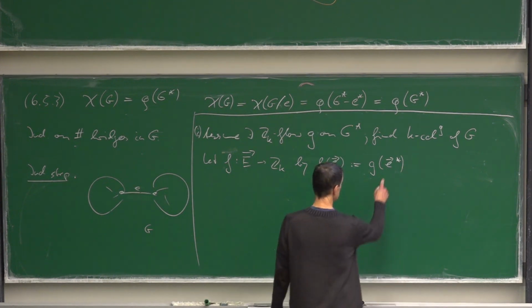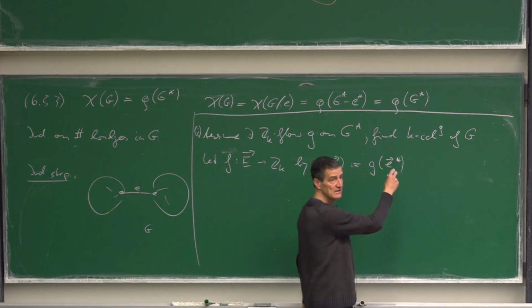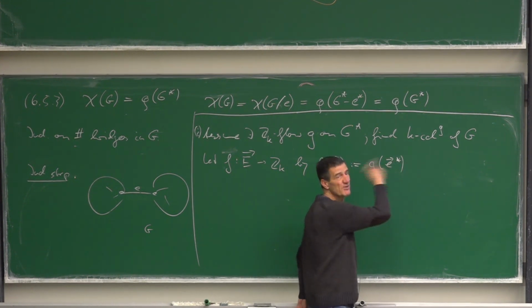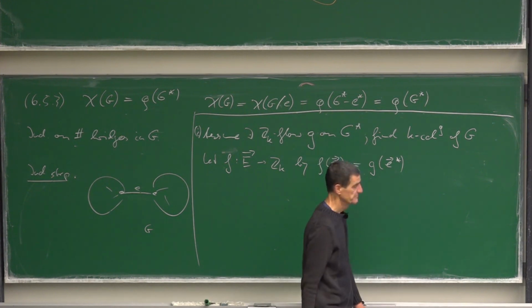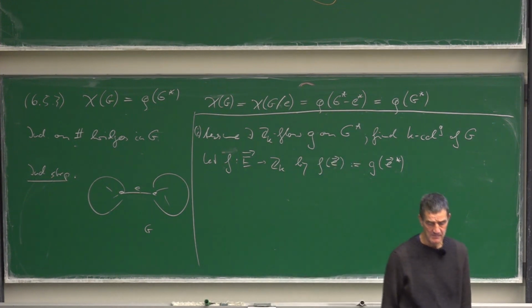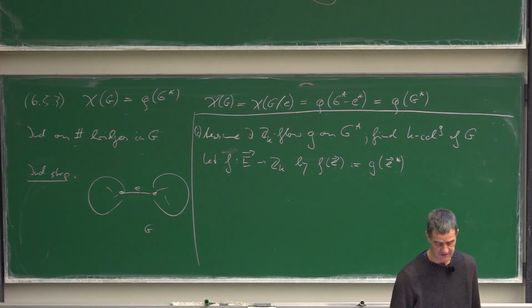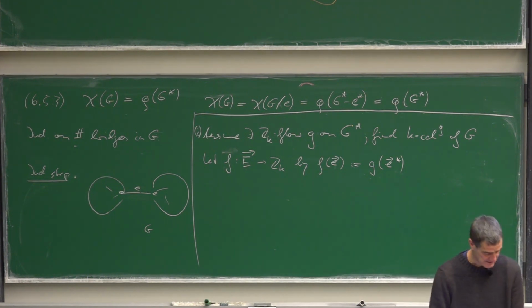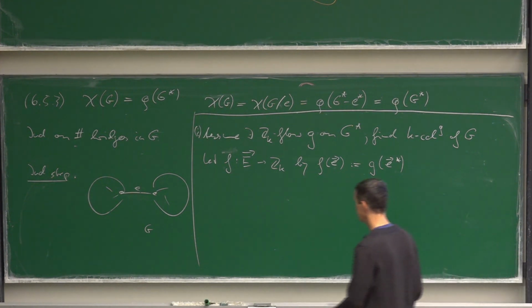Notice here that E arrow star is something different from E star with an arrow either way. So that's just a map for now, but we use it to define the coloring. And that's a nice trick. It goes as follows.